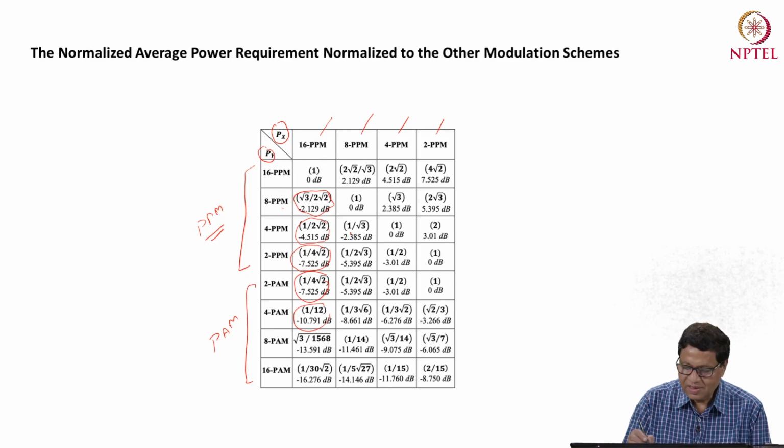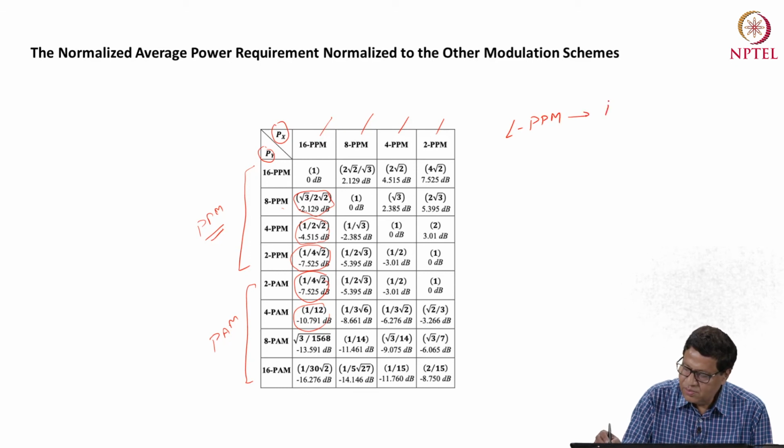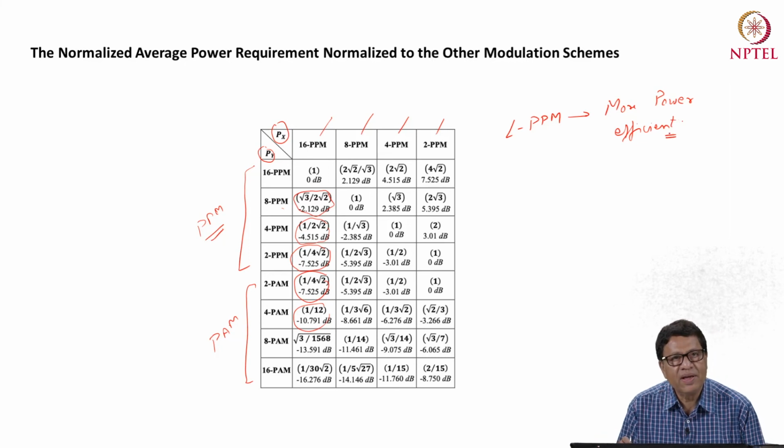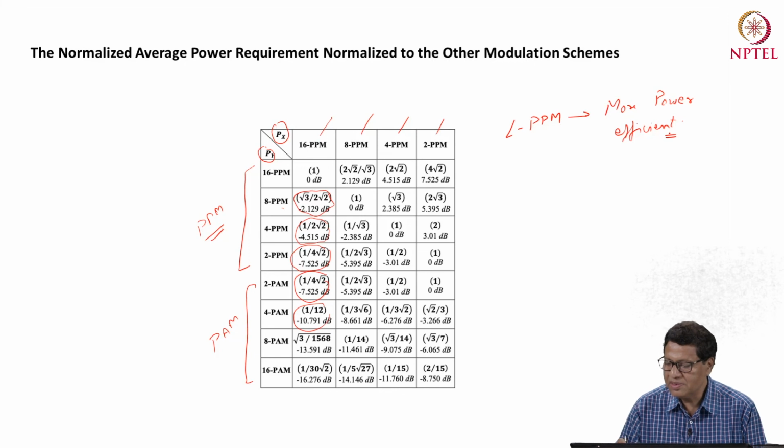So in short, the whole conclusion is that L-PPM is more power efficient. So we use these techniques wherever the power is limited in optical wireless communication systems.